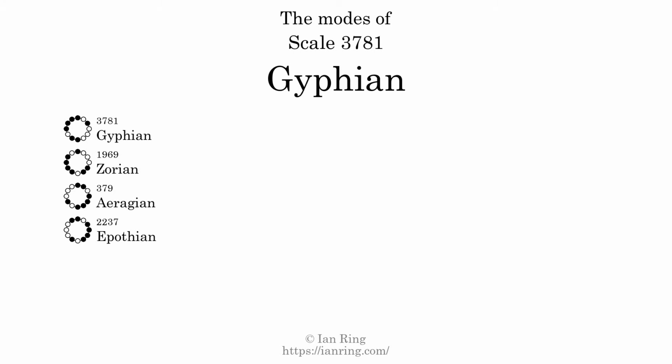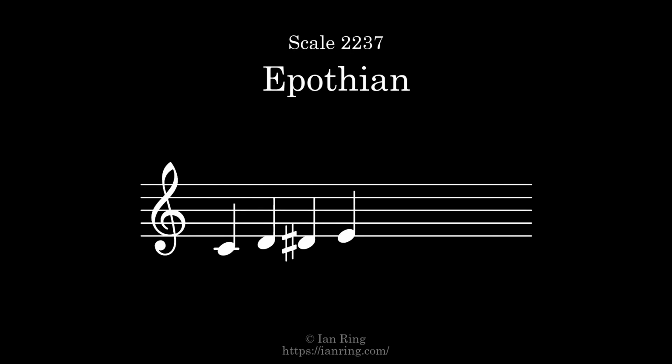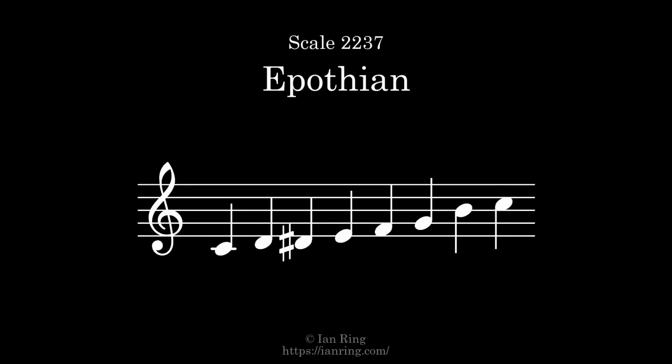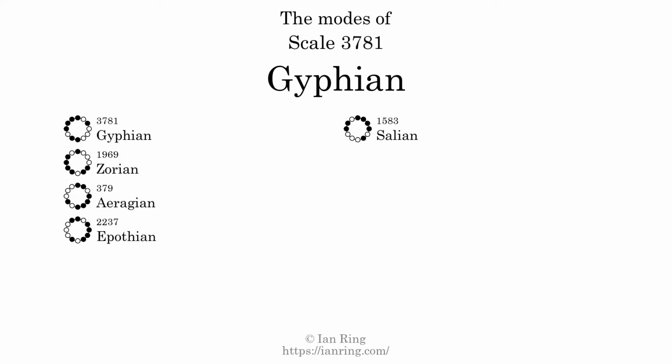The fourth mode is scale 2237, also known as Apothean. It sounds like this. The fifth mode is scale 1583, also known as Saline. It sounds like this.